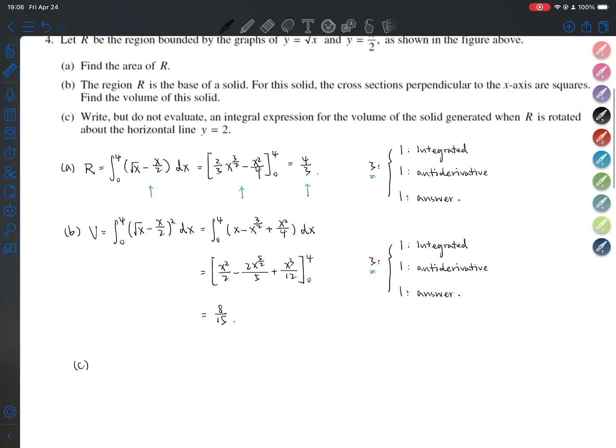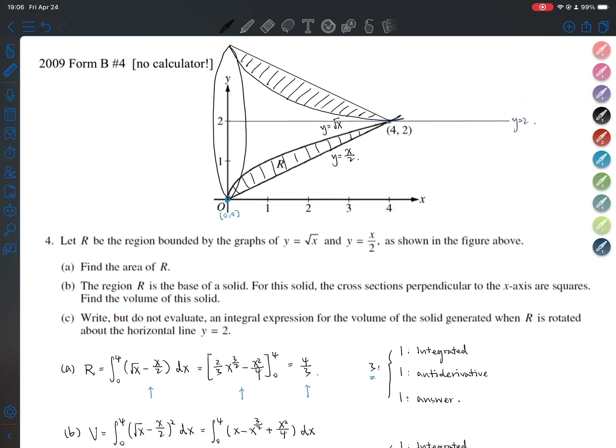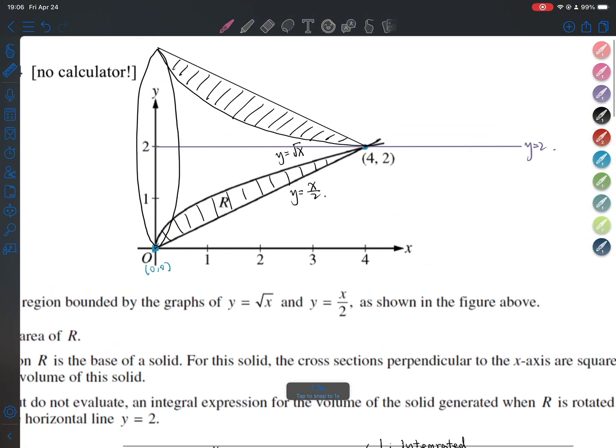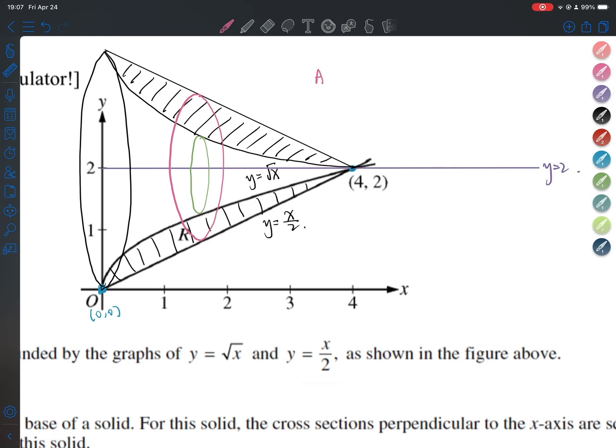So it is still volume equals the integral from 0 to 4. And now we want to find the area of the cross-sections, which is like I said. So now let's find the areas of cross-sections. Let's draw the bigger circle first and the smaller circle.